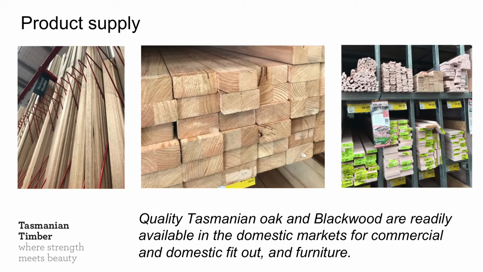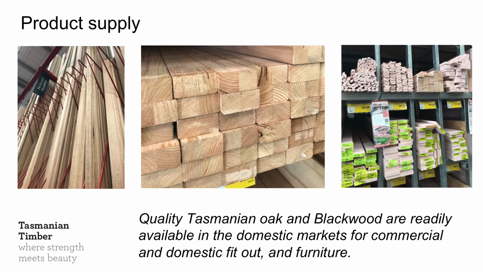Quality Tas oak and blackwood especially are readily available in domestic markets, commercial and domestic fit out, and for furniture. These are just photographs from a hardware store. So you've got moulded material here in racks. You've got stuff which has been put back together again to form slightly bigger sections for use in benches and potentially for structural products.